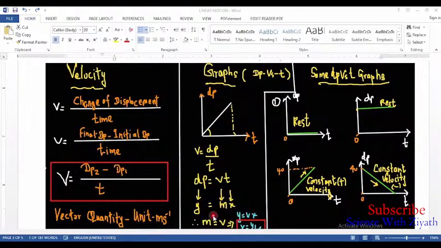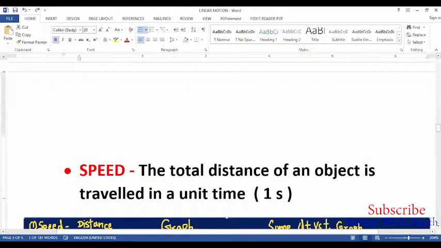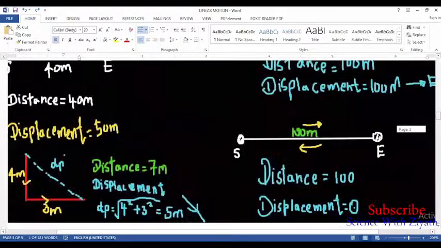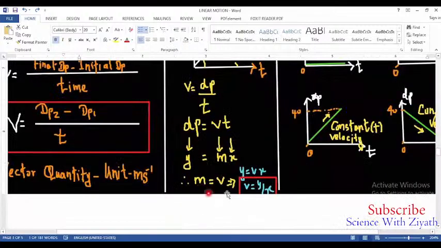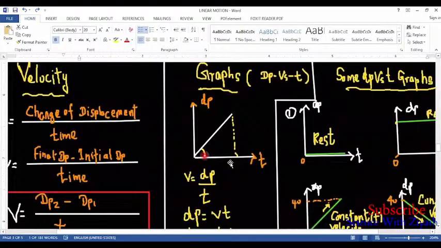The gradient. So M is equal to V. Then y is equal to, instead of M, I have put V here. y is equal to Vx.